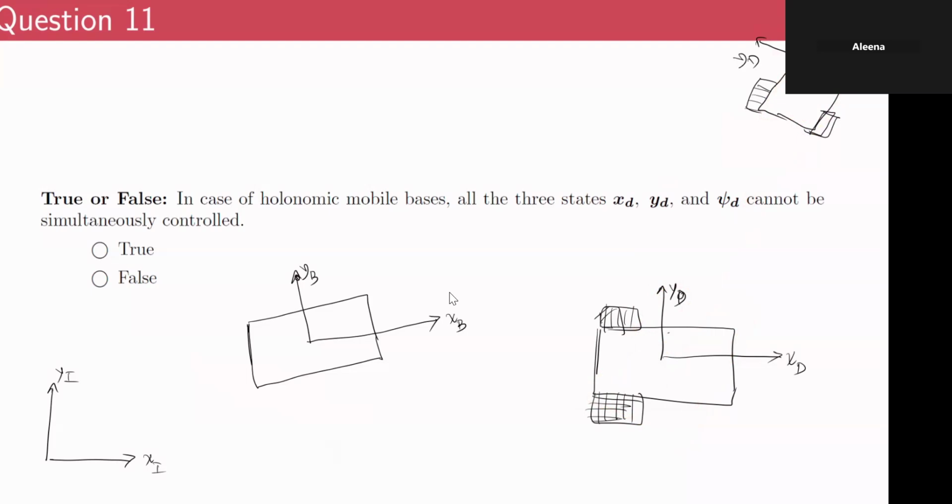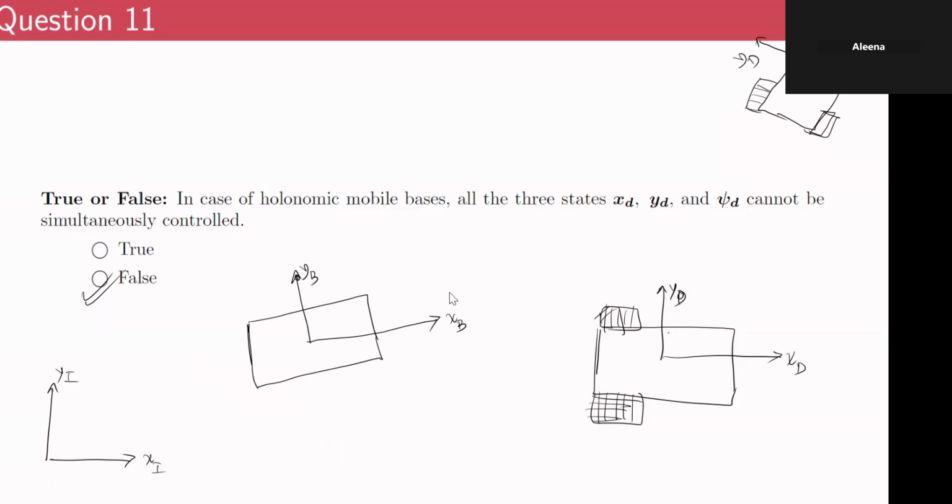But a holonomic robot can simply slide in one swift, smooth motion so that the final control states can be achieved. The question says that in a holonomic mobile robot, all three states, XD, YD, and theta D, cannot be simultaneously controlled. That is false, because in a holonomic robot all three degrees of freedom can be simultaneously controlled.